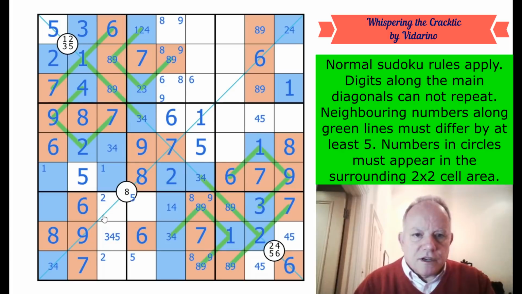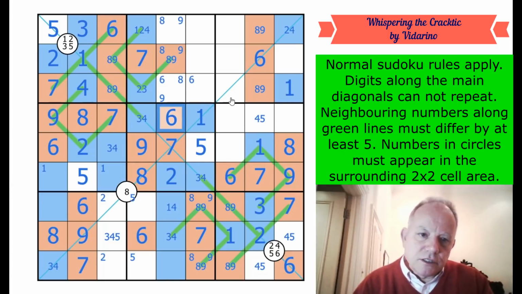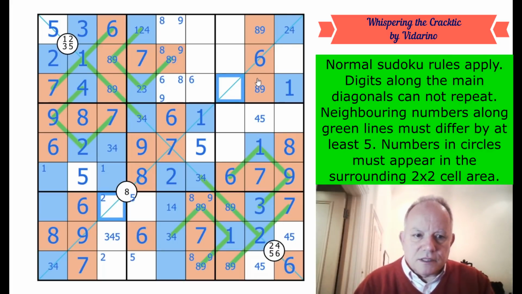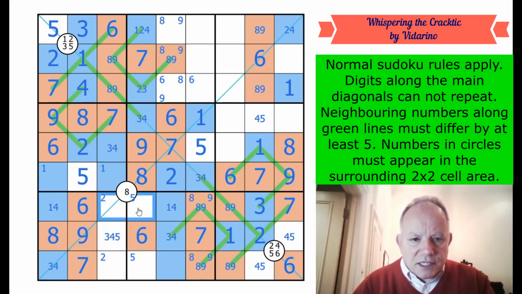6, 9, 8, 7, 1, 9, 6 on the diagonal. That's blue. That's orange. So we've got 2, 3, 4, and 5. As well as the corners, we've got these cells to fill. That's 1 or 4. So this is a 2, 5 pair. Do I really not know which way round they go?